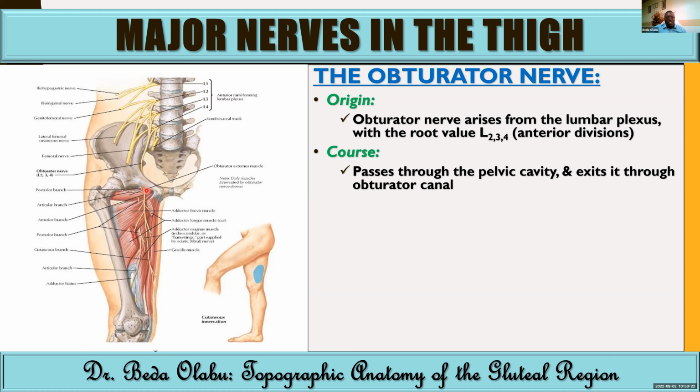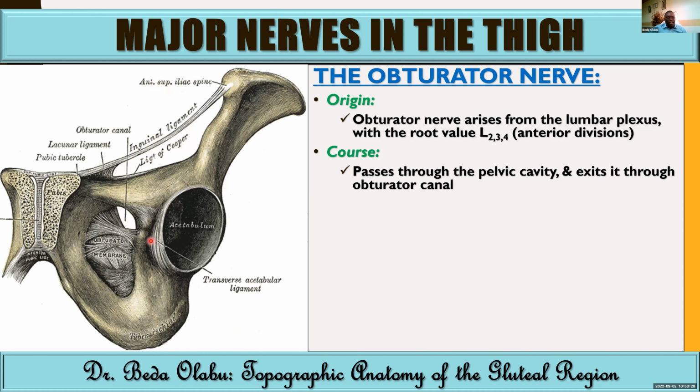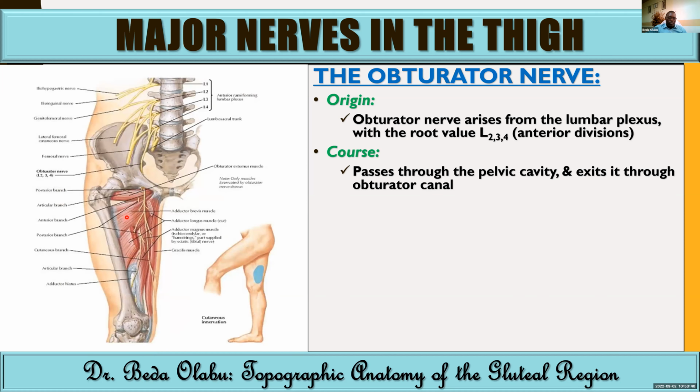So the nerve passes through the obturator canal to enter the medial aspect of the thigh. This is the obturator foramen, this is the obturator membrane, and that's the obturator canal. And so this is the obturator nerve.